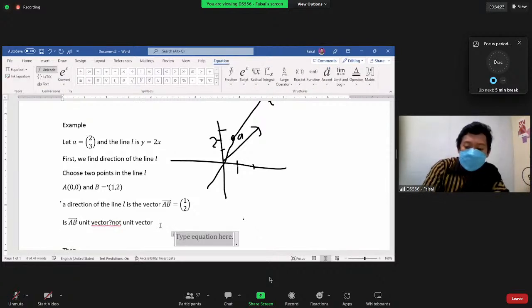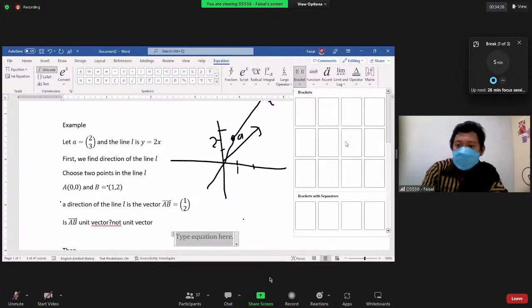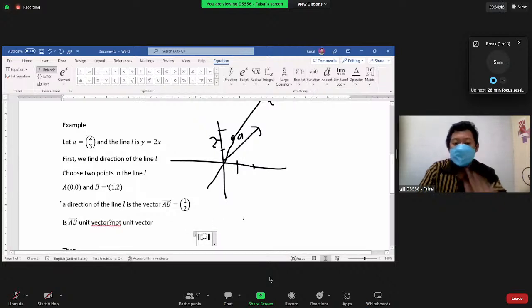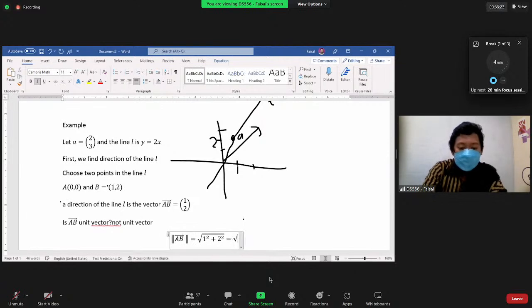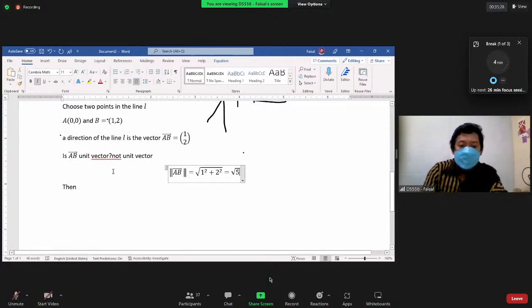The norm of AB is the square root of 1 squared plus 2 squared, which is the square root of 5. So AB is not a unit vector.